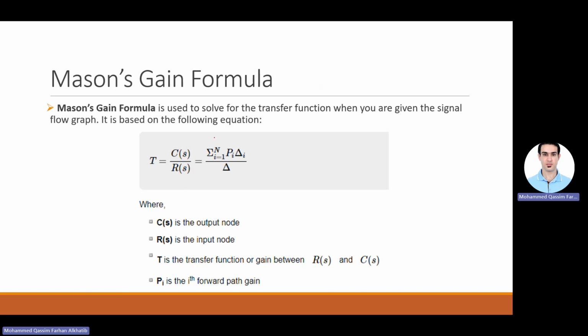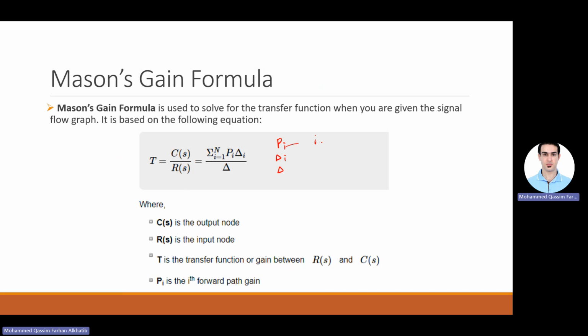It is based on the following expression. The transfer function equals the output over the input, and you have the summation over the number of straight paths, 1 to n, of Pi delta i over delta. Now the task is to find P, delta, and delta i and Pi.